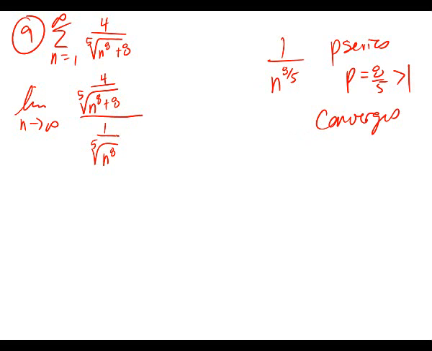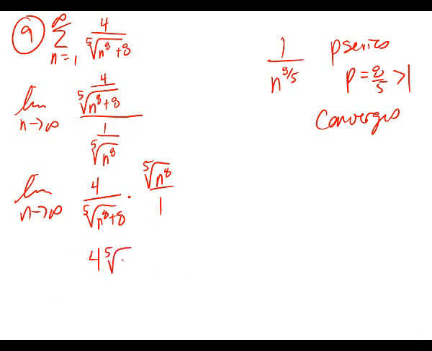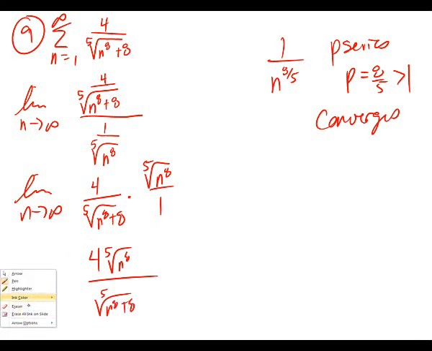So I also now need to look at these limits here. I am going to choose to flip and multiply. So the limit as n approaches infinity of 4 over the 5th root of n to the 8th plus 8 times the 5th root of n to the 8th over 1. If you look at it, really we have this, and we have this. And if you look at these exponents right here, aren't they the same?